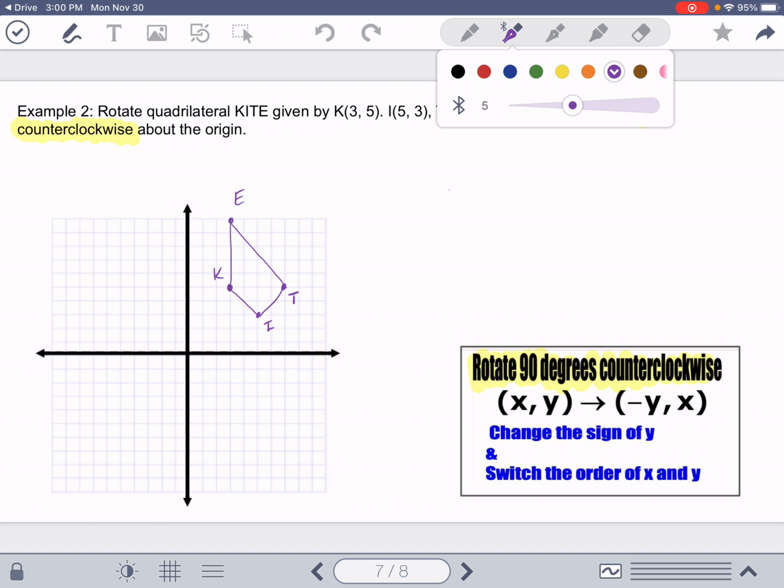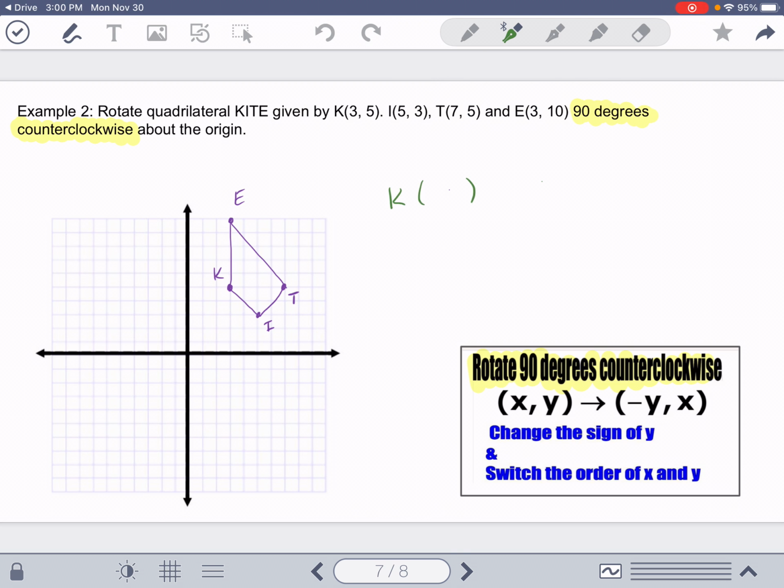All right, so K, switch the order, 5 and 3, but that needs to be a negative 5. All right, I, switch my order. That becomes the negative.